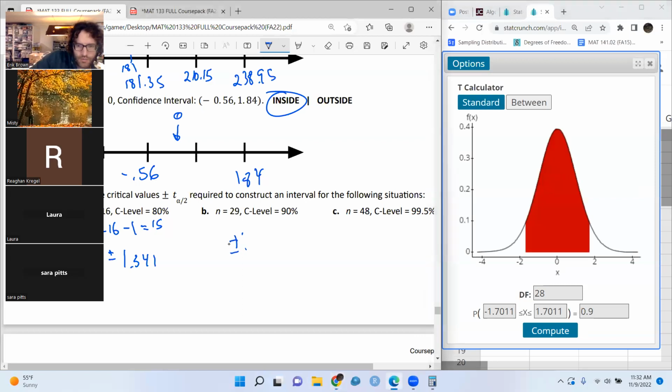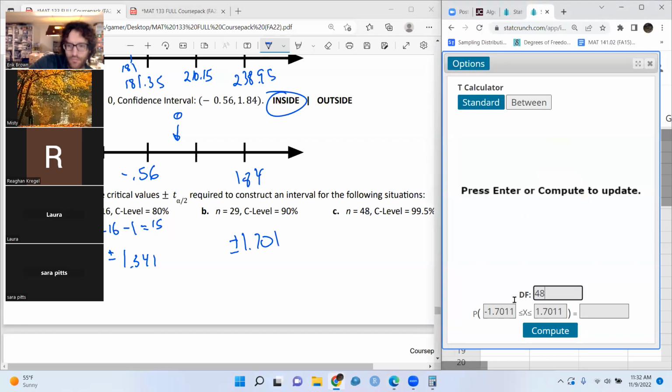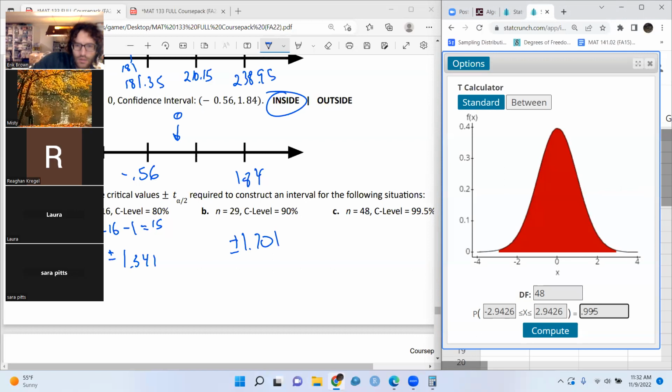So plus or minus 1.701. And plus or minus 2.943, right? Anyone? Why didn't I get the same ones? I'm confused.